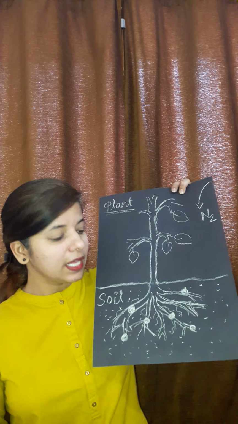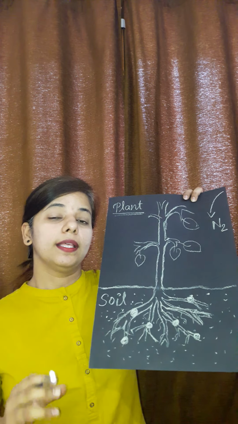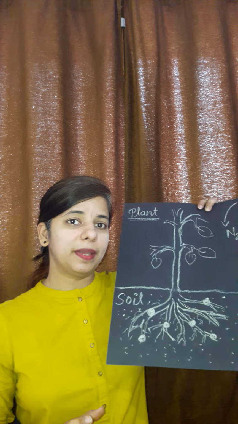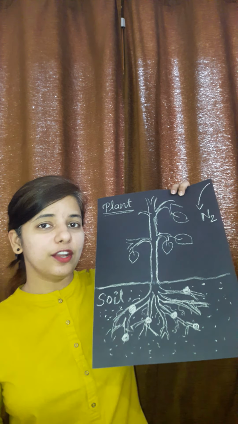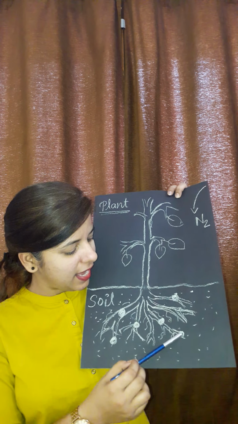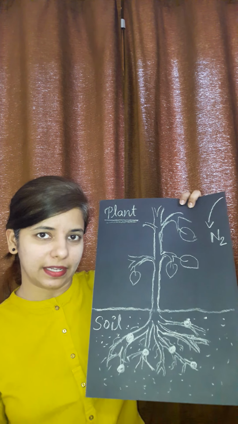Now what happens? There is a particular group of bacteria which is called Rhizobium bacteria. Rhizobium is an example of that bacteria, and cyanobacteria. Rhizobium bacteria stay in these root nodules of the leguminous plants.